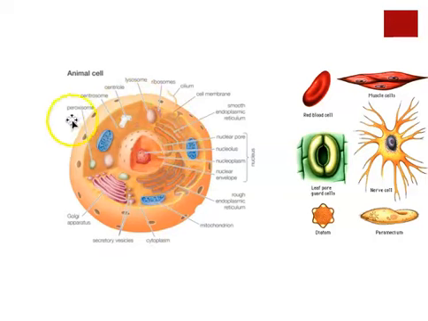If you look at this diagram, the artist has drawn an animal cell. Again, we typically draw animal cells as spherical. The artist has cut away a piece of the membrane so that we can peek inside and see these organelles.